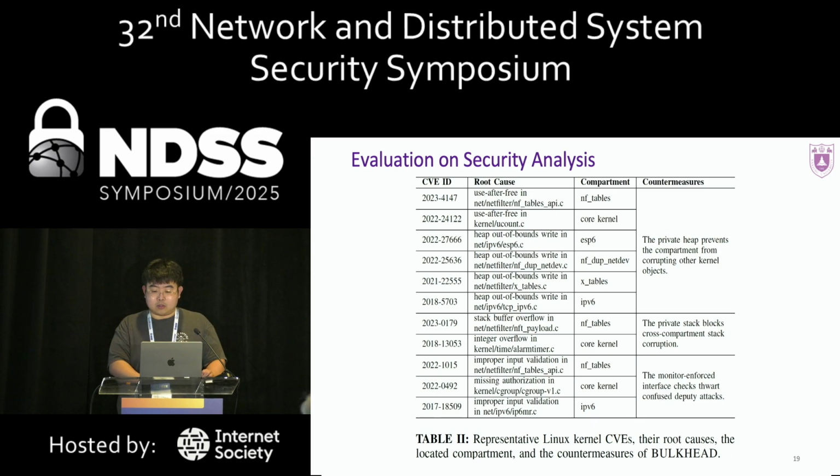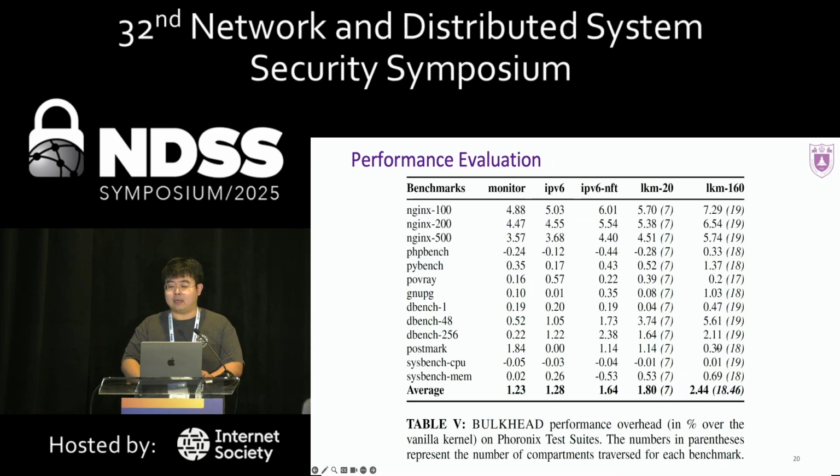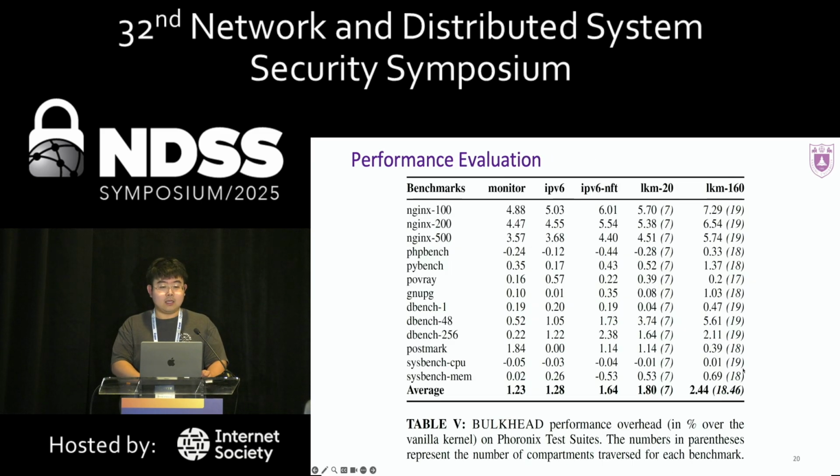The result shows that all malicious attempts are detected by memory protection key violations or rejected by the monitor checks. In this table, we show some results of the performance evaluation. The increase in the number of compartments does not significantly increase overhead, benefiting from our lightweight switch gate and locality-aware design.